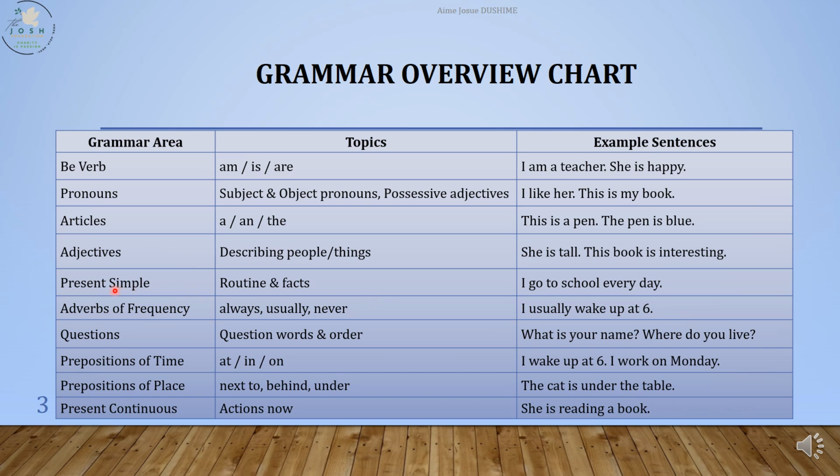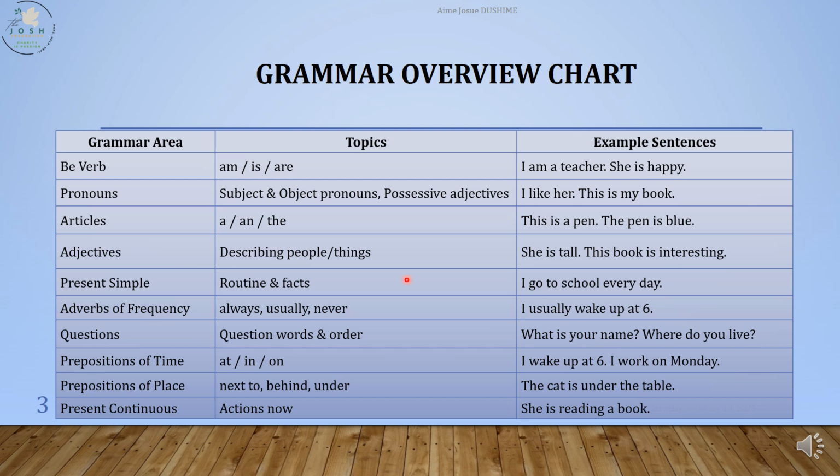There is what we call present simple. Present simple talks about routines and facts. The positive structure is subject plus V1 plus object. The question is do or does plus subject plus verb and object.